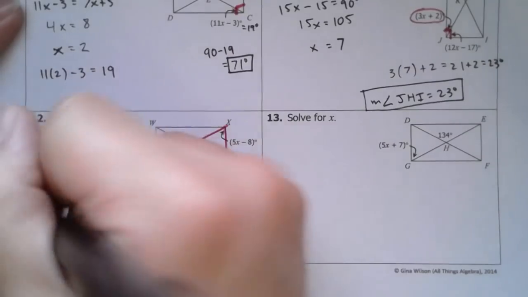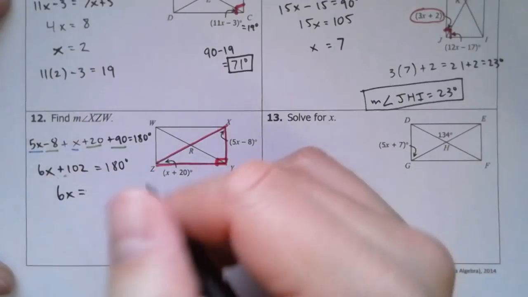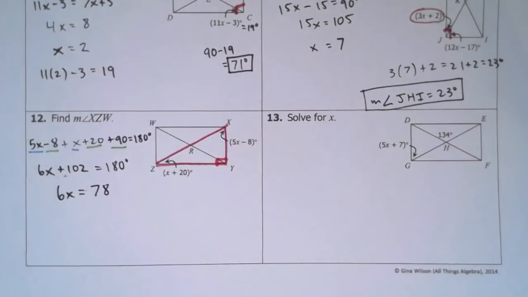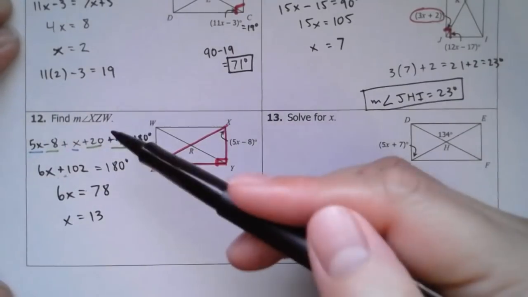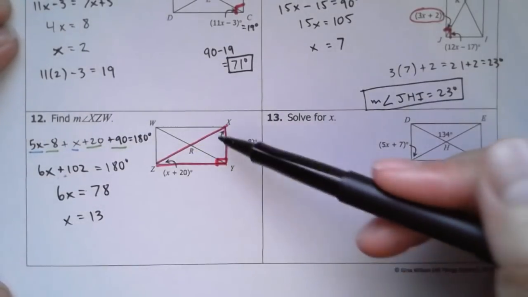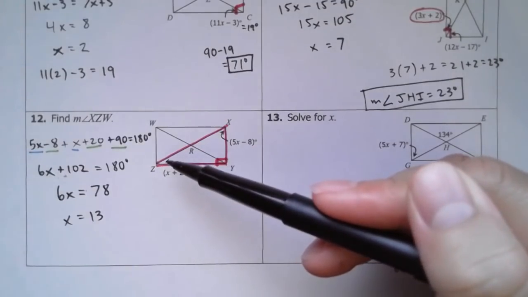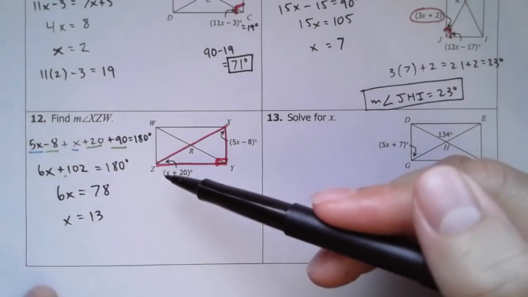Subtract 102 from both sides, I get that 6x is equal to 78. Then I do 78 divided by 6, and I get 13. So x is equal to 13. And again, I'm finding the measure of XYZ.